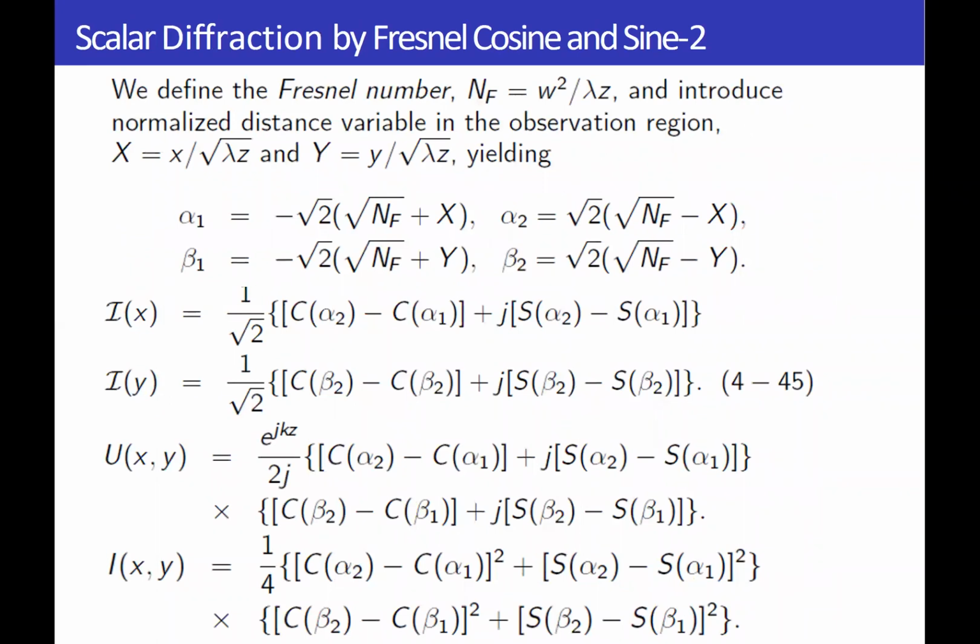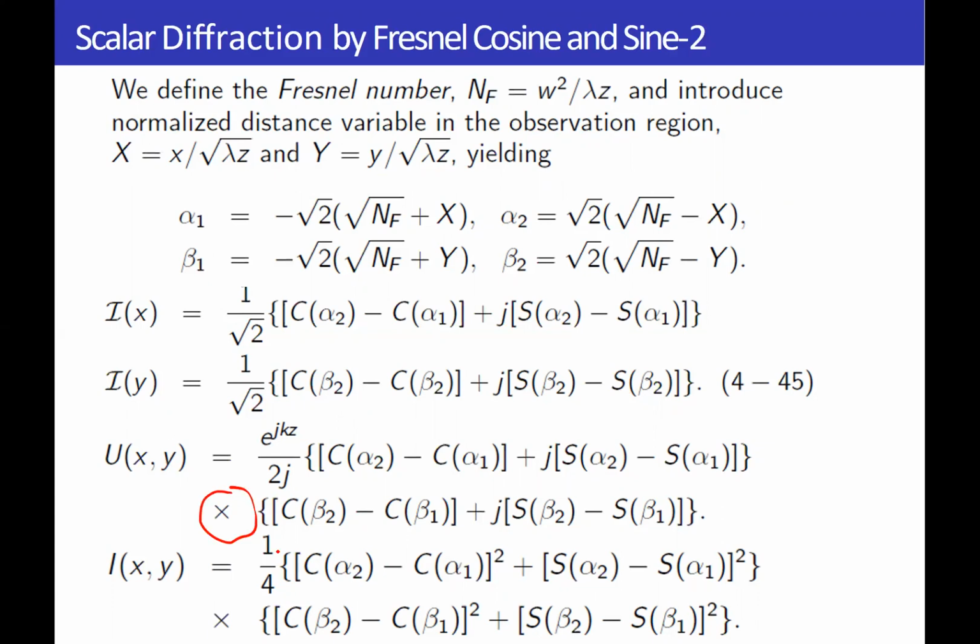And then if we change the variable like this, with alpha 1, alpha 2, beta 1, beta 2 like this, Ix is given by the Fresnel cosine term like this. Once we know Ix and Iy, we simply multiply Ix times Iy.